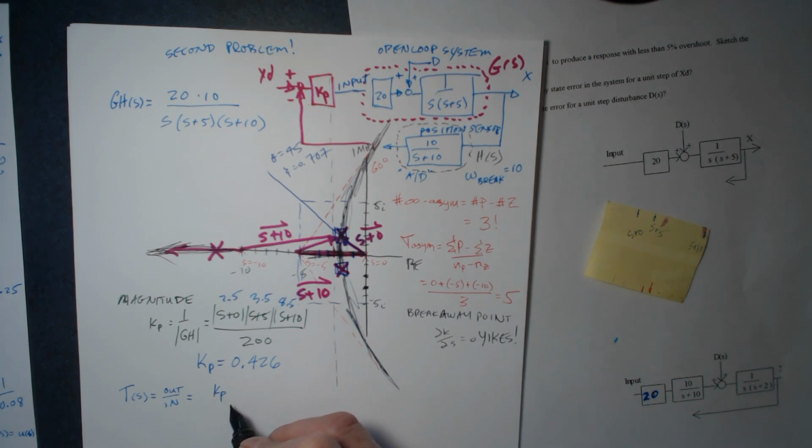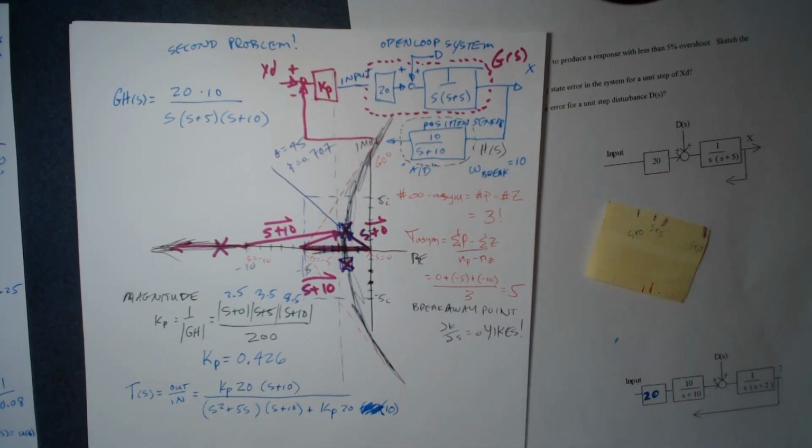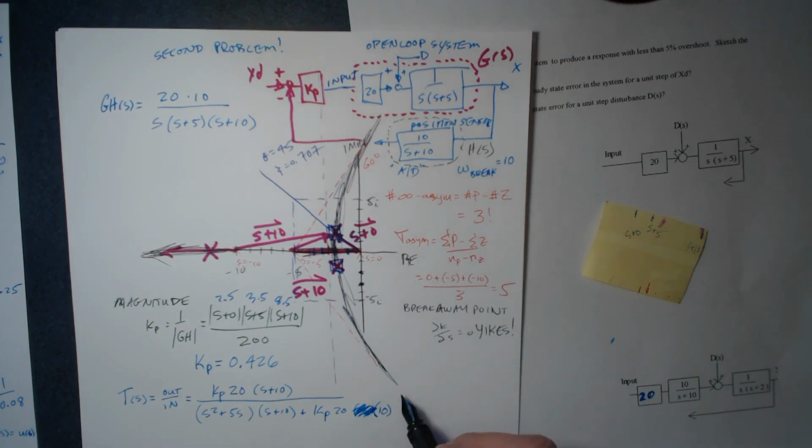It is Kp, numerator of G, times the denominator of H, divided by the denominator of G, s squared plus 5s, times the denominator of H, s plus 10, plus the numerator of G, Kp, times 20, times the numerator of H. That's numerator of G, denominator of G, denominator of H, numerator of G times the numerator of H. I did that a little bit wrong. I'm going to go ahead and write that all out.